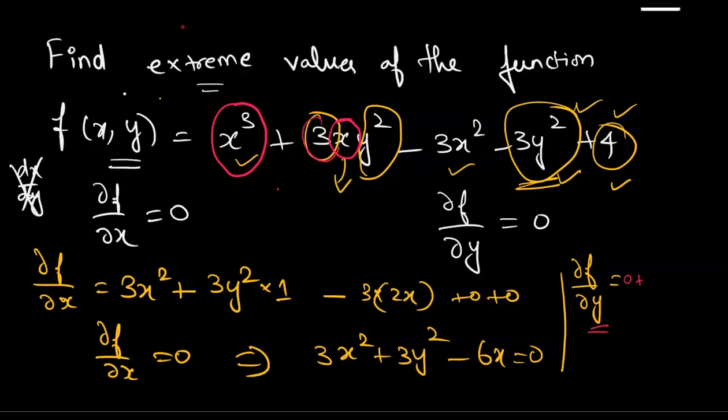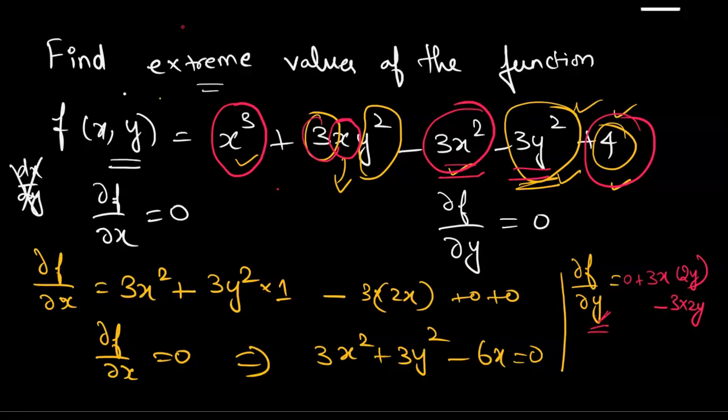I will write 3x, y square differentiation is 2y. And the next term, with respect to y, is a pure constant, so this is 0. And then minus 3y square, if I differentiate, is minus 3 into 2y. And the last term is a pure constant. Whatever I've marked in red, anything other than y is a constant for me.